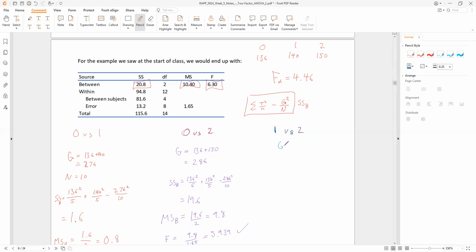So we've got the grand total is the 140 plus the 150 is equal to the 290. So then the SSB is the 140 squared over 5 plus the 150 squared over 5 minus the 290 squared over 10.